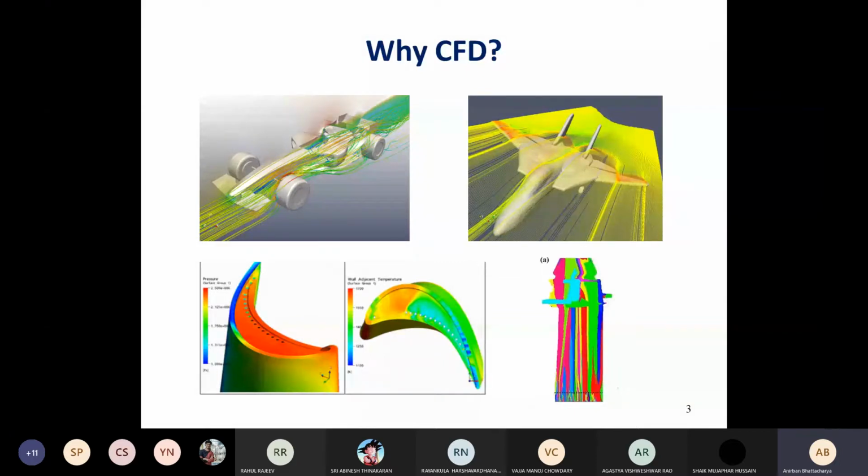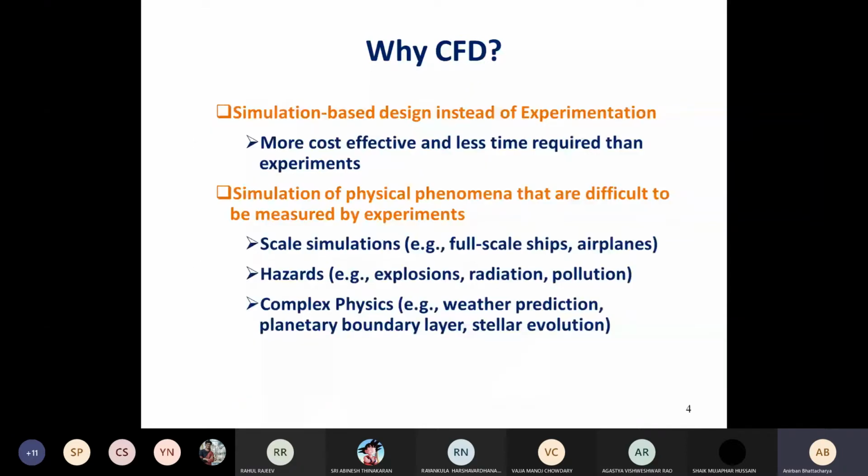On the other hand, it is better than experimental methods in many areas where, for some reason, you cannot perform the experiments properly due to different scale of the process, or because of hazardous nature of the process, or if the process is too complex to do in a laboratory environment. Also, it is more cost effective and overall less time consuming as compared to experiments.